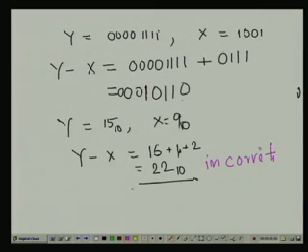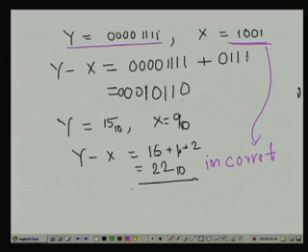See, here y is represented as 8 bit and I have taken x as 4 bit. So, this is the incorrect thing. So, I have to take x also of the same bit size as that of y. So, x should also be an 8 bit number.